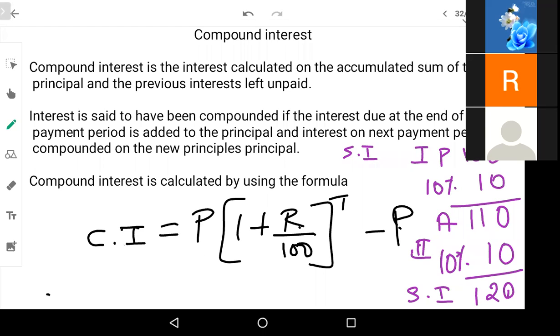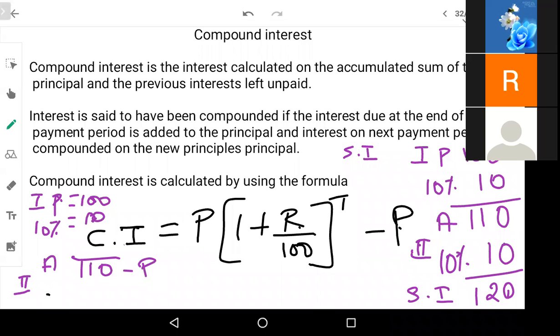Now coming to compound interest, for the first year, if the principal was 100 rupees and the percentage of interest was 10, which means 10 rupees. So the total is 110. Now for the second year, this amount will become the principal.